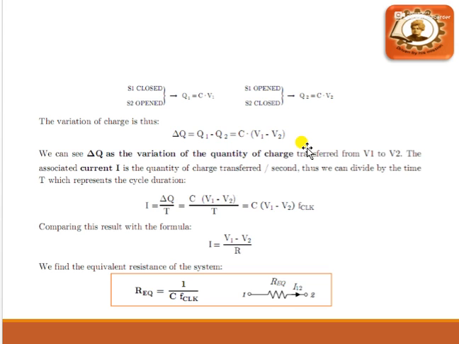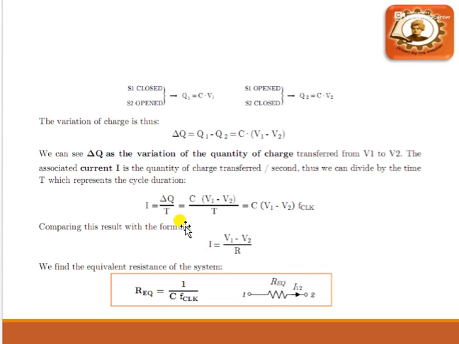Ultimately the current I can be represented by this charge variation divided by the time t taken for that variation, so C into (V1 minus V2) by t, that is C into (V1 minus V2) into FCLK. FCLK represents the frequency of the clock required for switching the two switches.